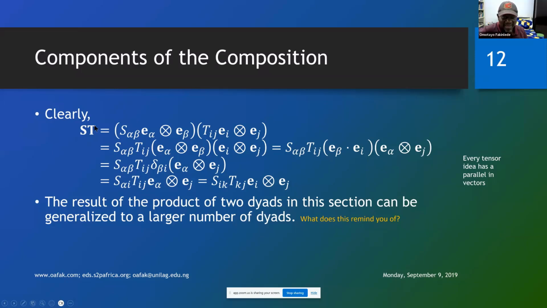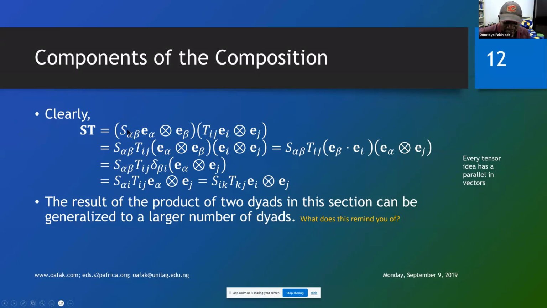Again, remember that S and T's are scalars. So you can put all of them, you can pack them away. You cannot move the vectors as you like, but you can move the scalars as you like. I want to go to the chat room. Why is it possible for us to move the scalars as we like?